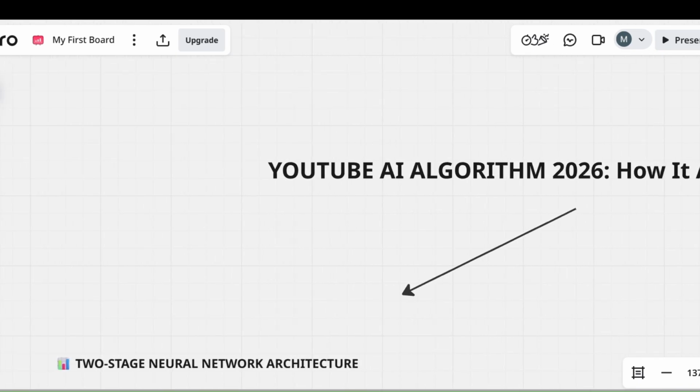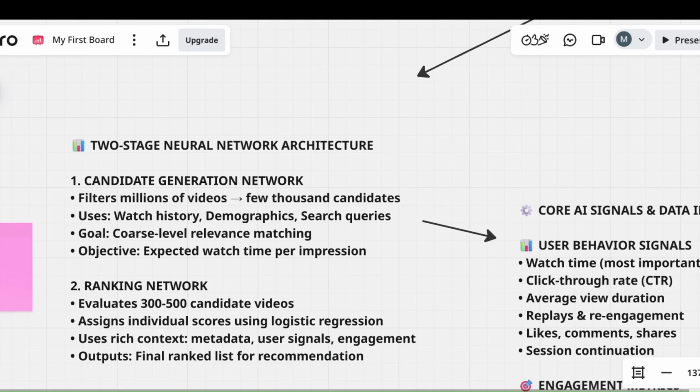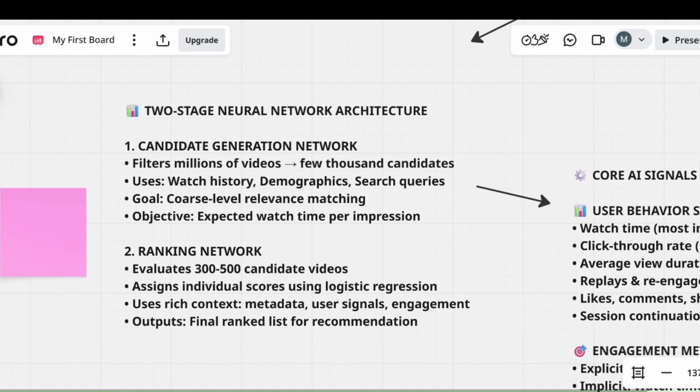That is a new two-stage network architecture. The candidate generation network is a filter of your many videos in 1 second. The older AI could filter one video at a time, but now it filters millions of videos in 1 second.